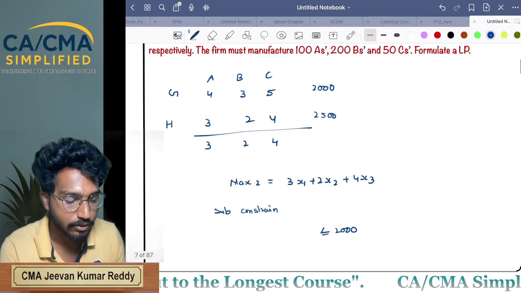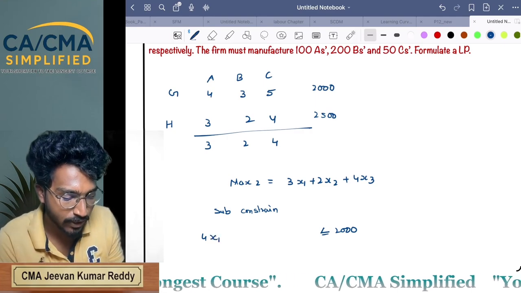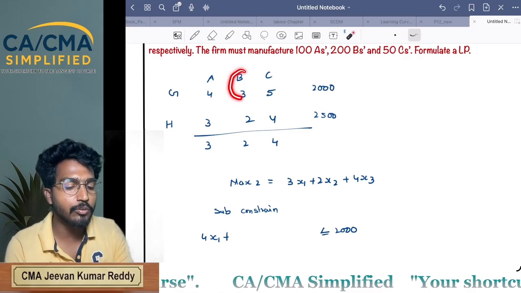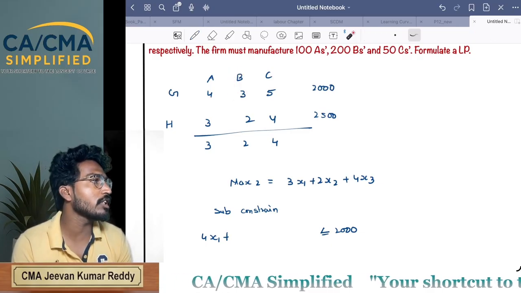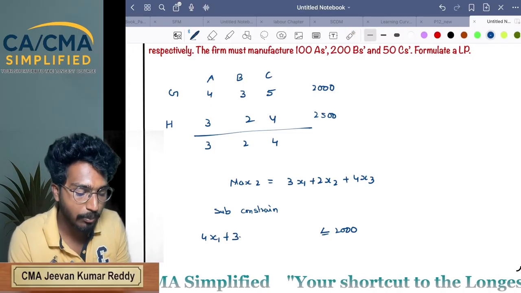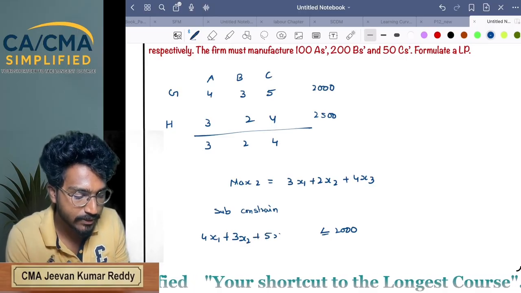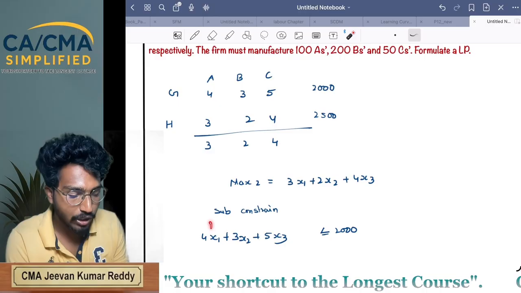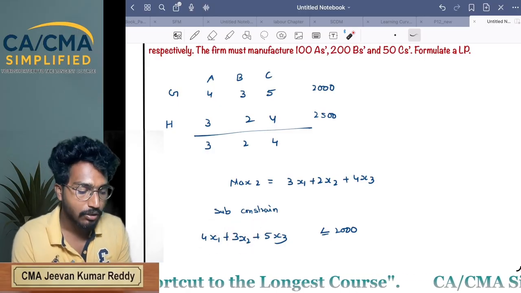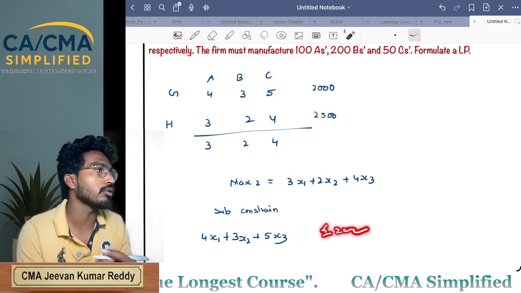Per unit it is 4 minutes times the number of units, that is 4x1, plus how many minutes consumed by B from G? It is 3 minutes per unit times the number of units, that is 3x2, plus 5x3. That means consumption by A plus consumption by B plus consumption by C must be less than or equal to 2000.